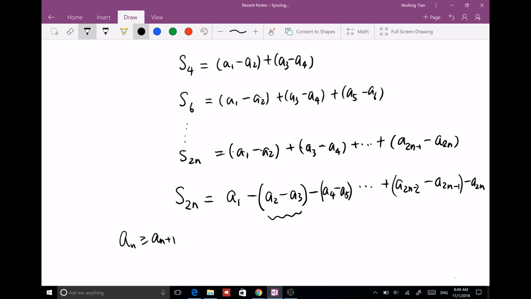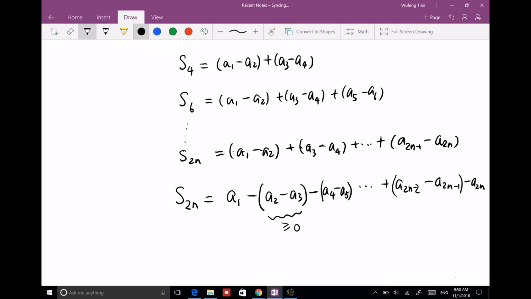So now I want to ask you, Nicholas, could you please tell me if this one is bigger than or equal to 0, or less than or equal to 0? Very good. It's greater than or equal to 0. Perfect.